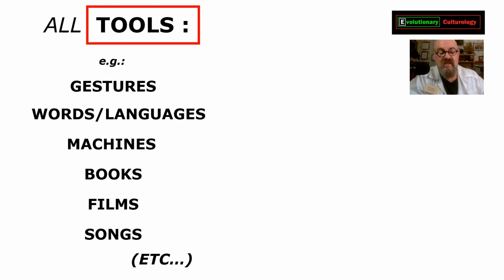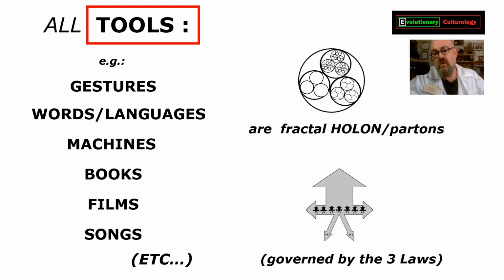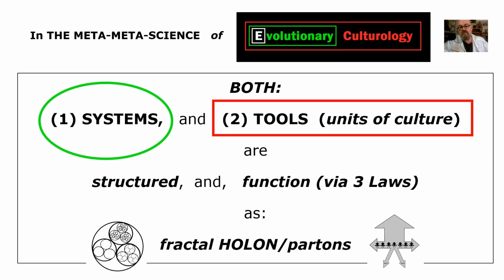And there are 50,000 domains in culture, but they're all fractal Holon partons governed by the three laws of Holon partons. Integrate upwards, compete and cooperate sideways, control and command downwards. So, to recap, both systems and tools, or units of culture, are structured and function via the three laws as fractal Holon partons.